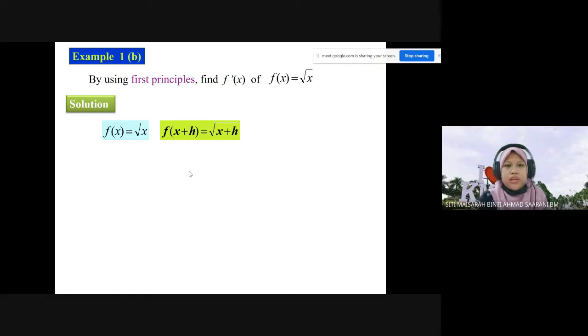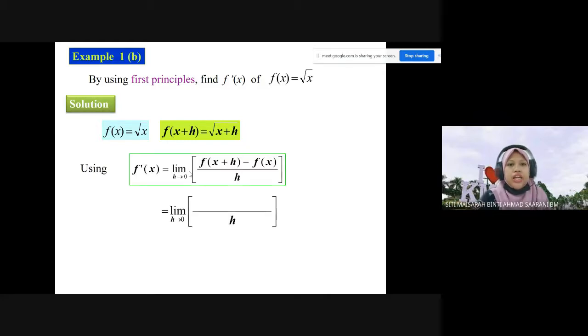Then f(x plus h) equals sec(x plus h). And then we substitute into the first principle formula. We get f prime x equals the limit as h approaches 0 of f(x plus h), which we substitute with x plus h.